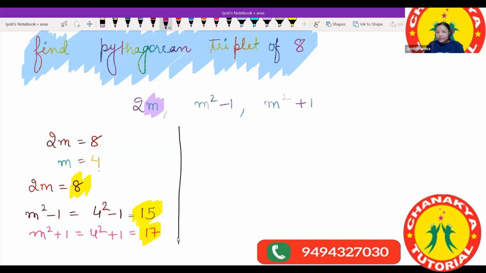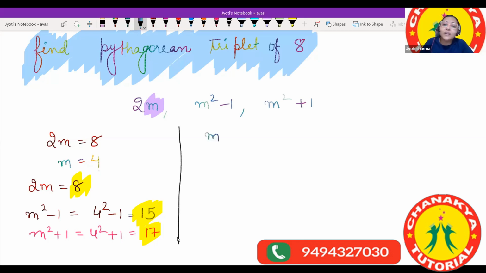Now, see, you know how to find a Pythagorean triplet. Whenever you have one member of the triplet, you can equate it with any of the expressions unless a condition is given. If a condition is given, then you have to check. We'll discuss the meaning of this condition now.